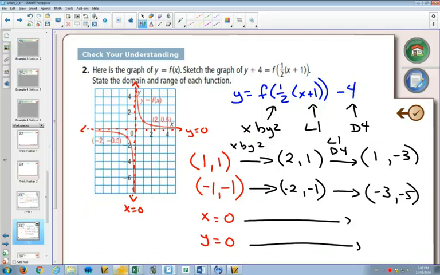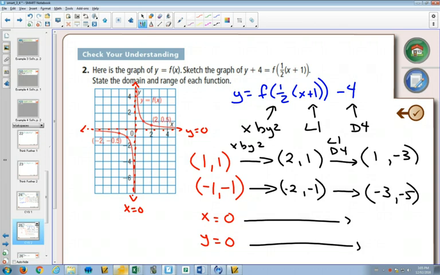Now with my asymptotes, especially because my asymptotes are at 0, can you see when you multiply x by 2, that's only going to affect the x value, and it's already at 0, so if you multiply by 2, nothing happens. But what's going to happen when I move left 1?